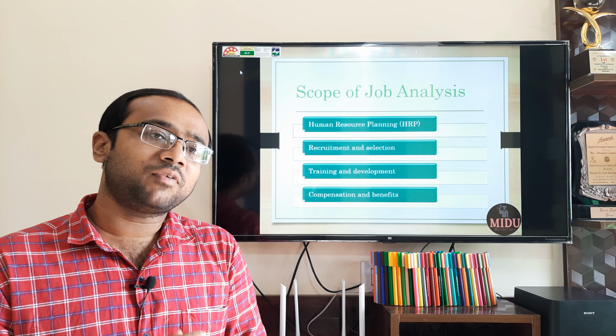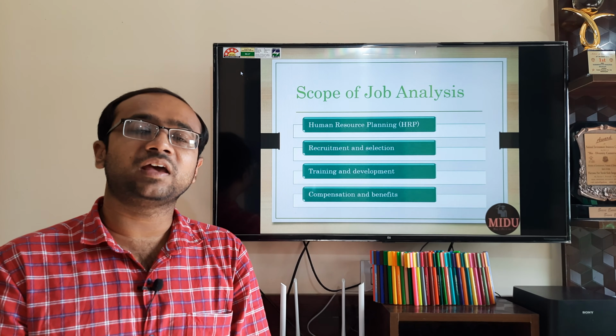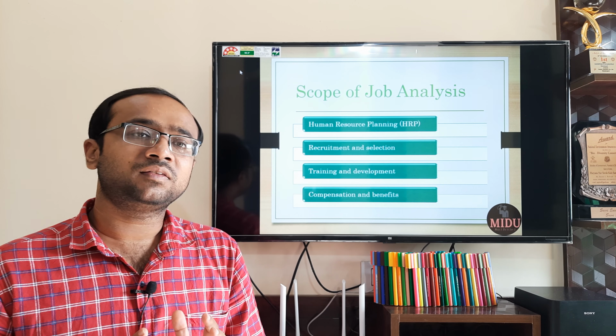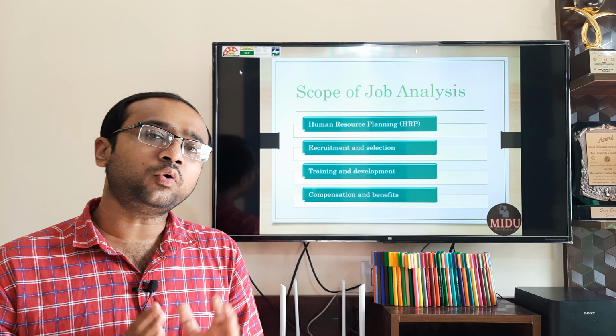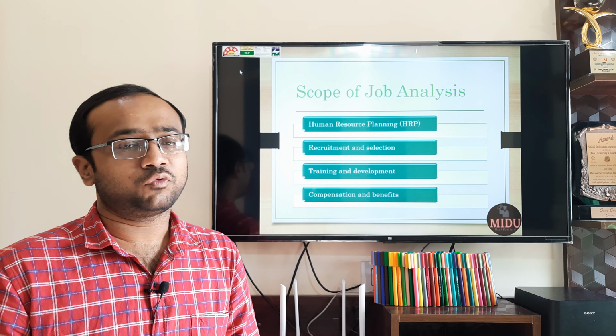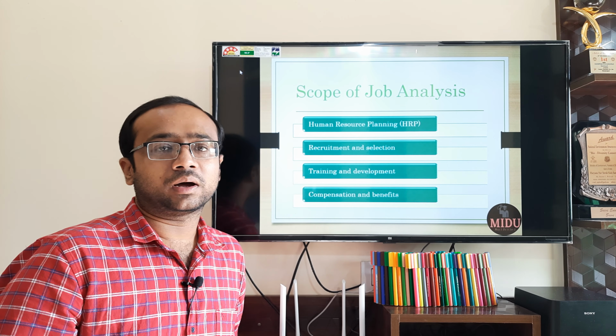Next, after you have done the manpower planning, you need to recruit or select in case you have a shortage. What is recruitment and selection? Let me tell you the difference. In detail, we will have a complete chapter on recruitment and selection. Recruitment means creating a pool of eligible candidates. For example, you have an opening for a designer in your company.